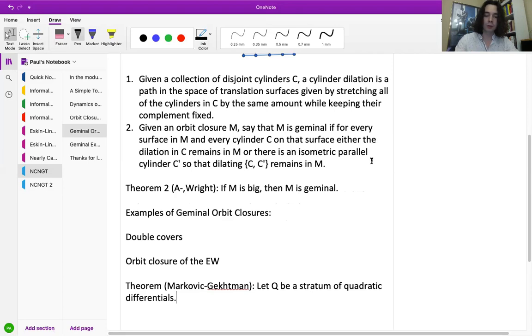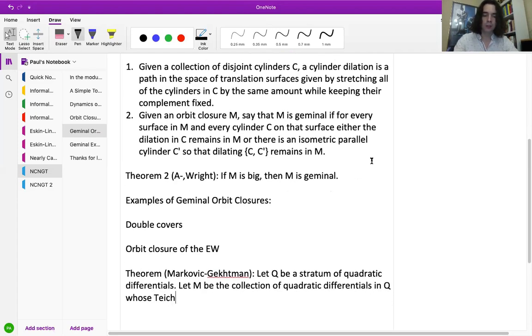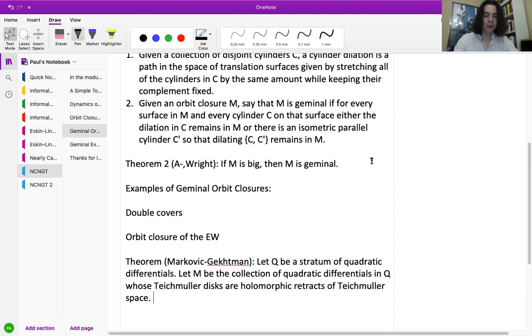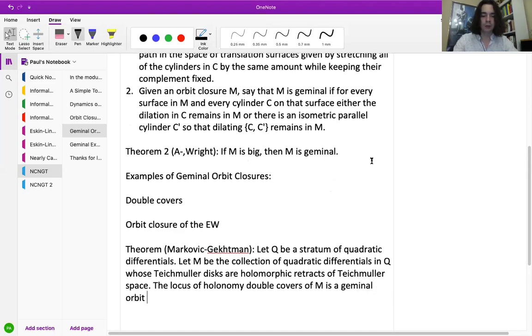Let M be the collection of quadratic differentials in Q whose Teichmüller disks are holomorphic retracts of Teichmüller space. Then the theorem is the locus of holonomy double covers of M is a geminal orbit closure. So one more reason to study geminal orbit closures is to study the complex geometry of Teichmüller space.